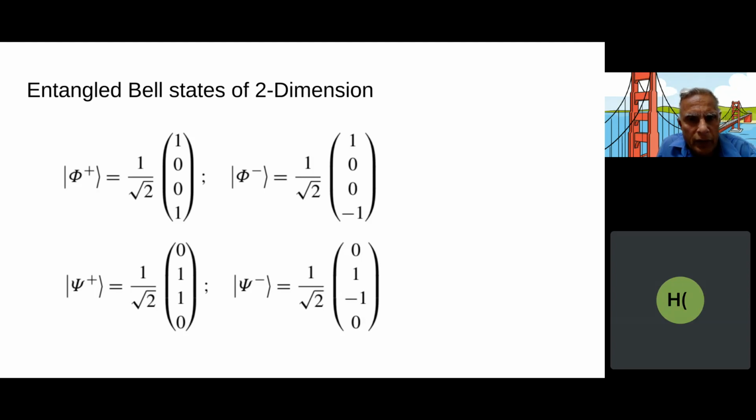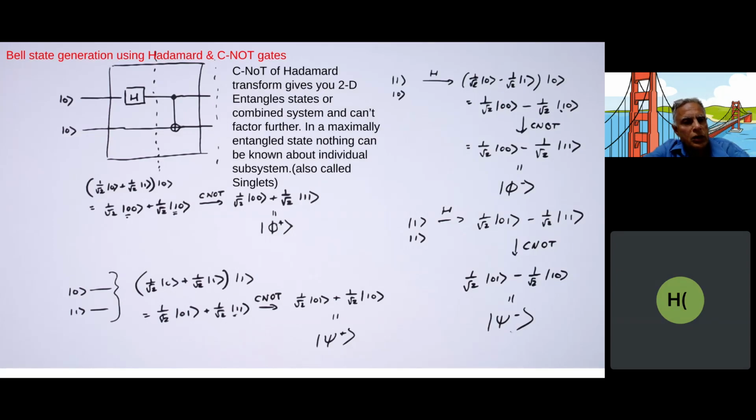Now how these are arrived at, we can look at it. We had not done this coverage at that time because we had not really gone through the Hadamard gate. Now that we have gone through the Hadamard gate, the question is how do you generate Bell states? Bell states can be generated by taking a Hadamard of the input and doing a CNOT. The CNOT of the Hadamard transform gives us a 2D entangled state, and it can work for any number of qubits.